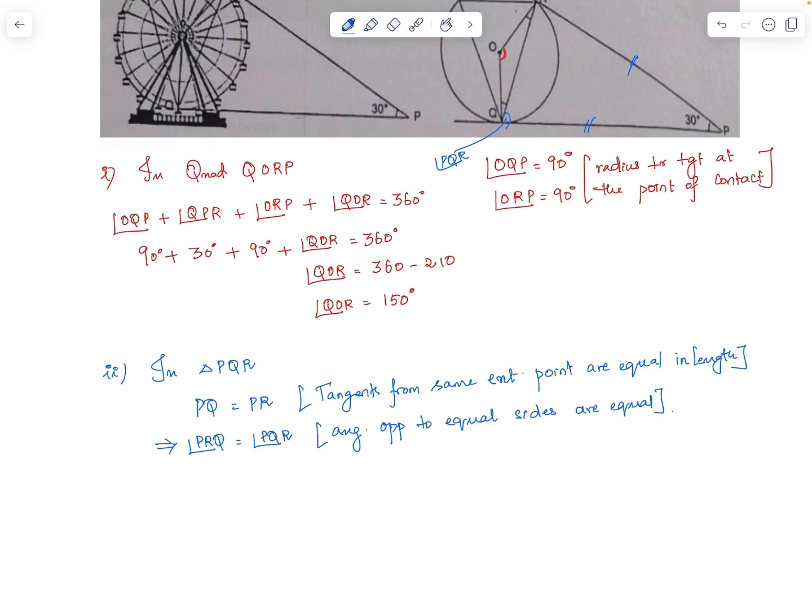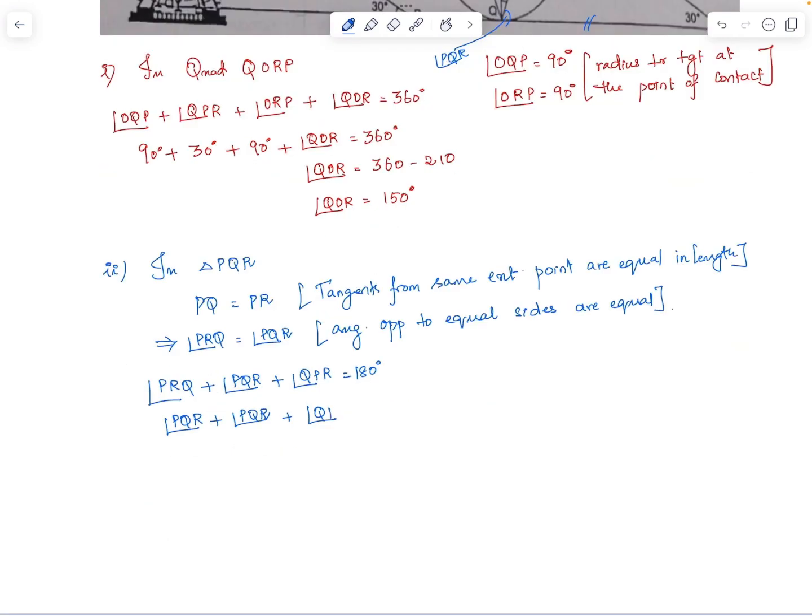And by angle sum property, angle PRQ plus angle PQR plus angle QPR is 180. PRQ and PQR are equal. So let's replace PRQ with PQR.